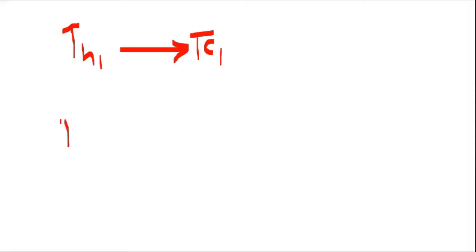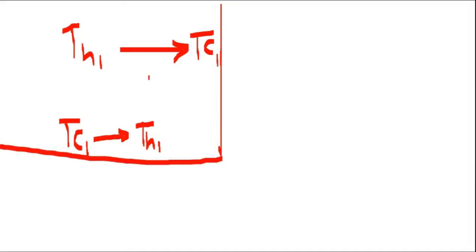If the cold fluid is entering at TC1, the maximum temperature which it can achieve will be TH1. Is this part clear for all, or any confusion? No, sir. Okay. So the maximum possible temperature difference for both the fluids is TH1 minus TC1.